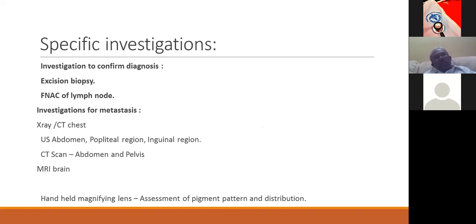So you should be aware: atypical melanocytic proliferation, melanocytic tumor of uncertain malignant potential, superficial melanocytic tumor, atypical Spitz tumor, and atypical cellular blue nevus. All right, so keep this in mind.